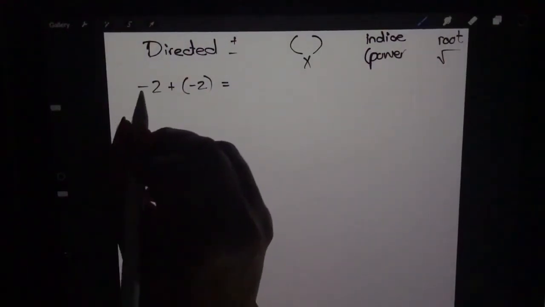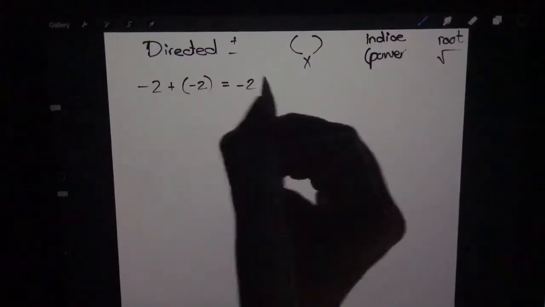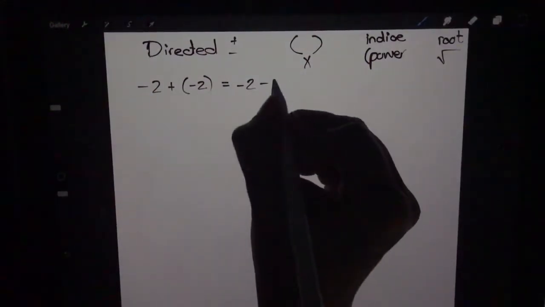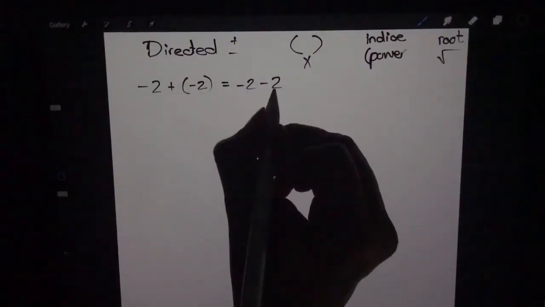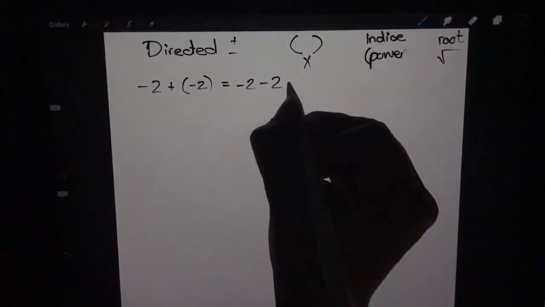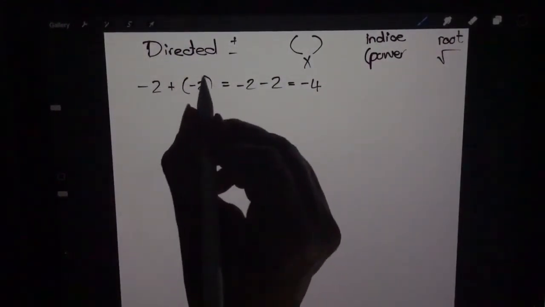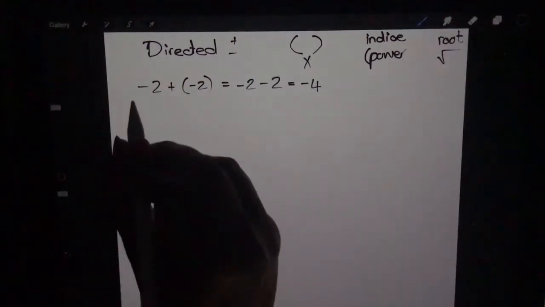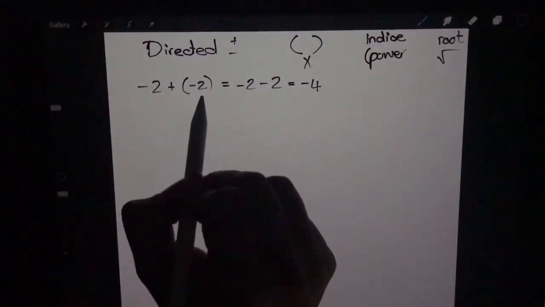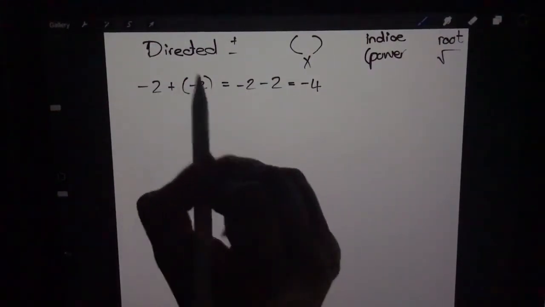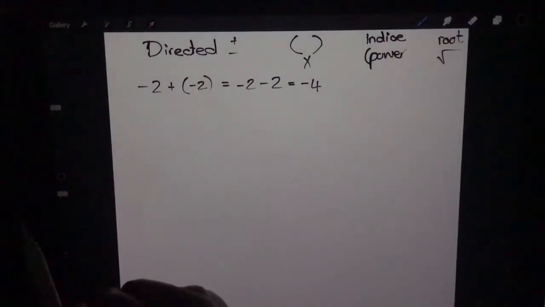So we will then have -2, a positive times a negative gives me a negative 2, because there's an imaginary 1, so 1 times 2 is 2, and then -2 minus 2 is equal to -4. So whenever you see a bracket inside a positive and negative directed numbers addition or subtraction, remember that the bracket needs to be multiplied or removed first before you can actually solve it.